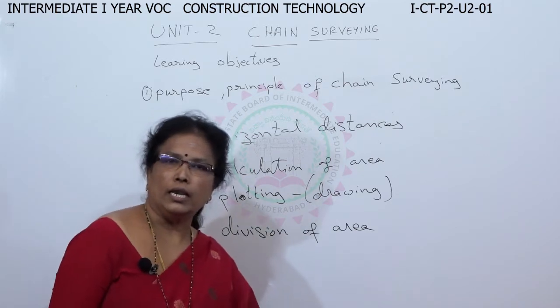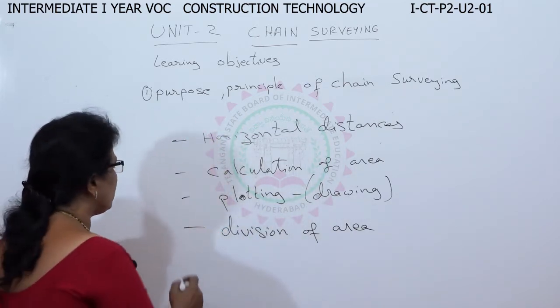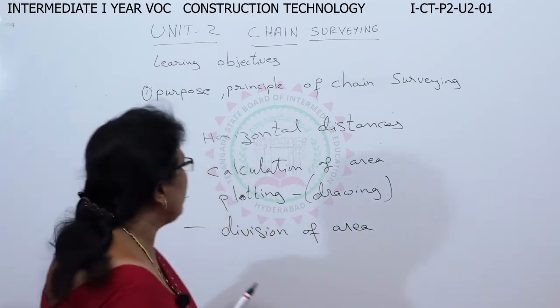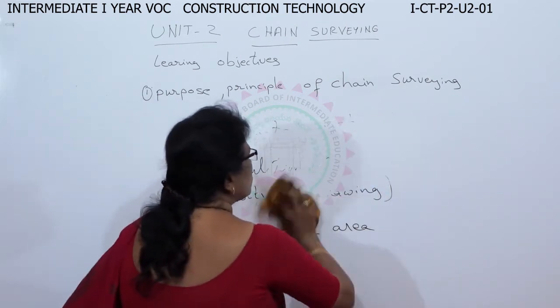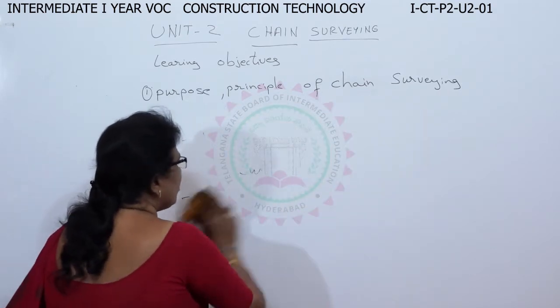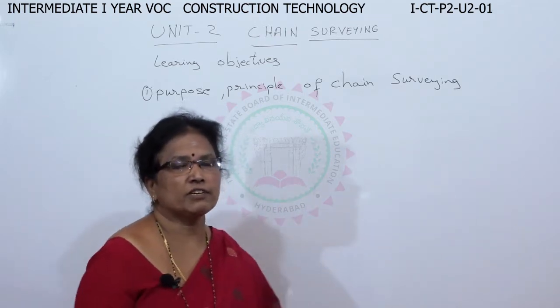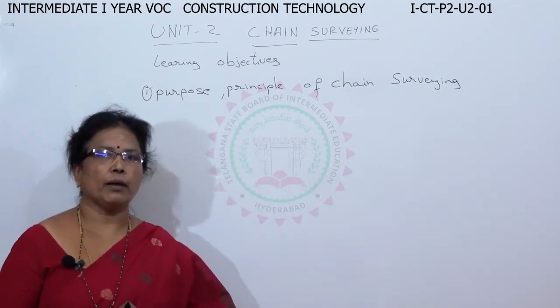As you all learned in the first chapter, the main principle of chain surveying is to divide the whole area into small parts. We have learned two principles of surveying. First, the fundamental principle is to work from whole to part.